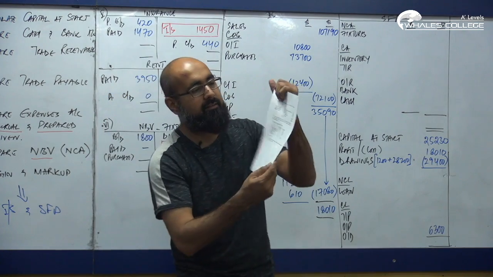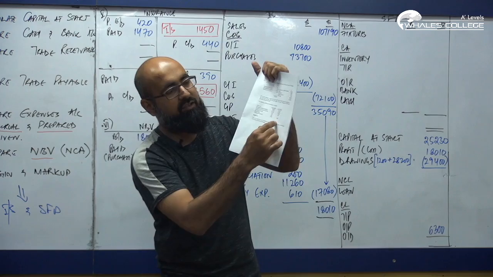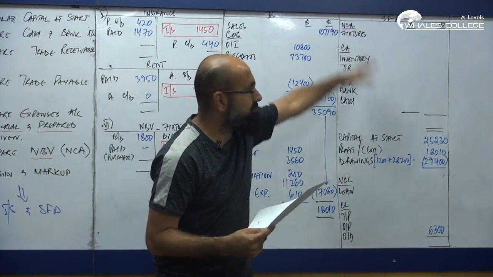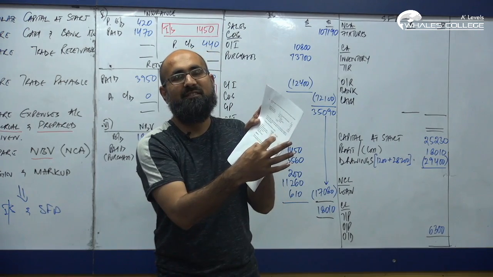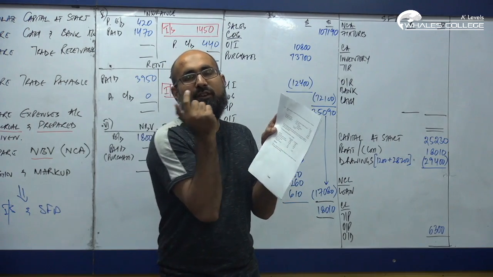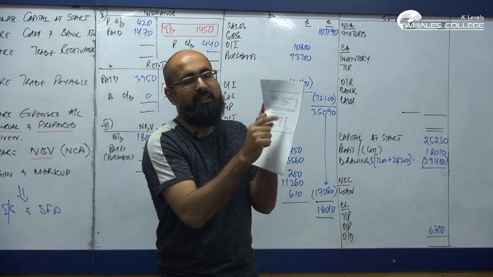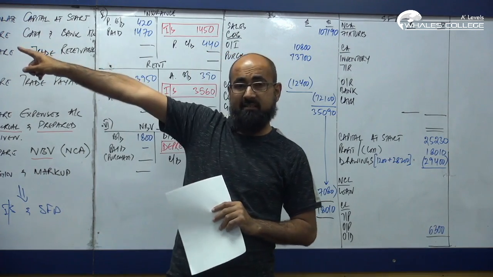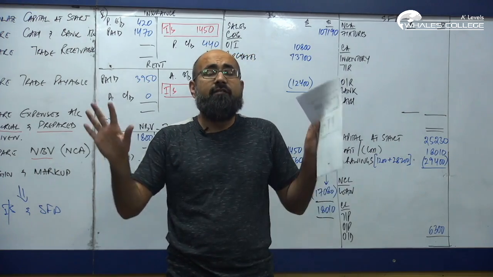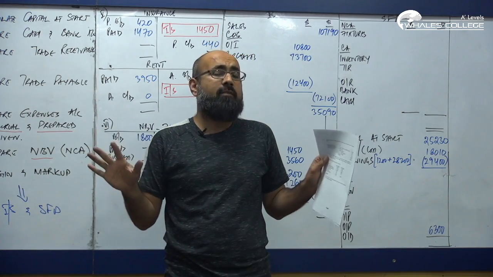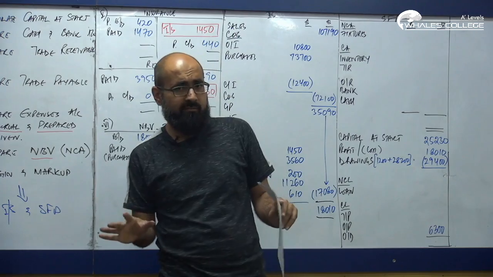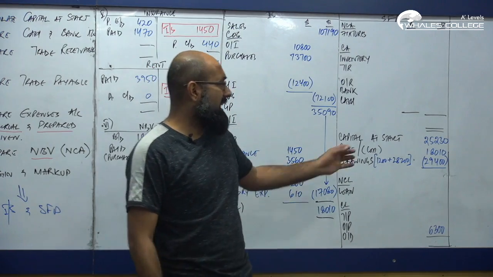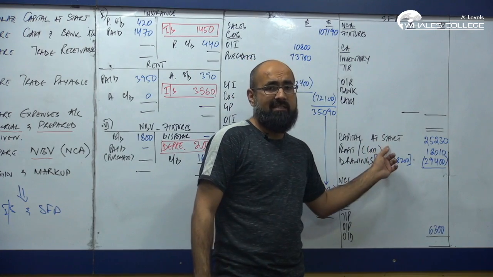Make the ending balances here. All SFP, the SFP is prepared through ending values. The items for your SFP must be taken from ending balances. Capital at start: for every type of statement of financial position, whether it is sole trader or partnership, you must take the capital at start.